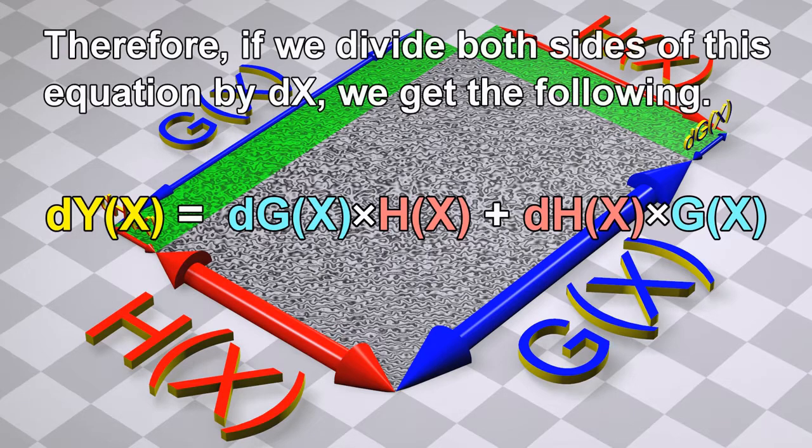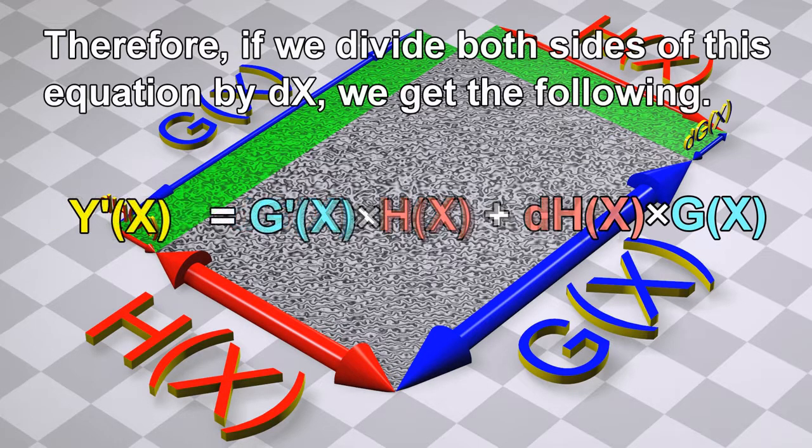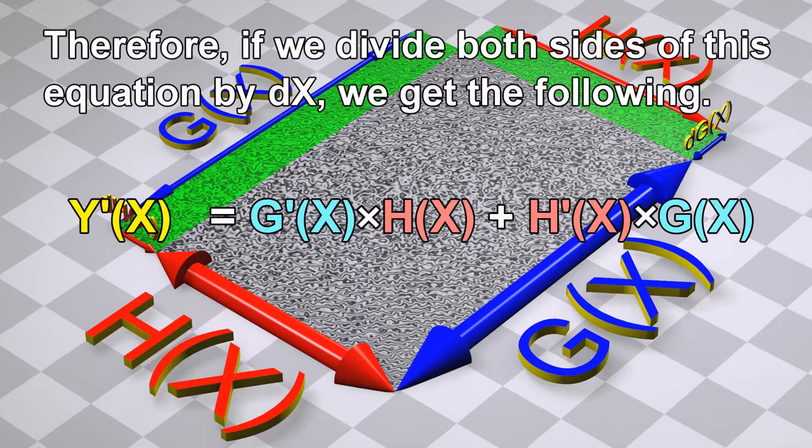Therefore, if we divide both sides of this equation by dx, we get the following. y prime is equal to g prime multiplied by h, plus h prime multiplied by g.